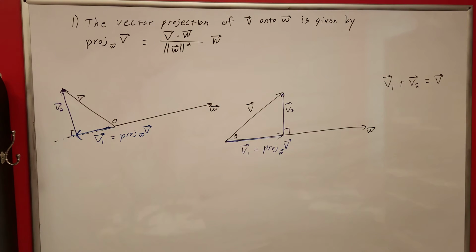So that's the formula for finding a projection of v onto w.